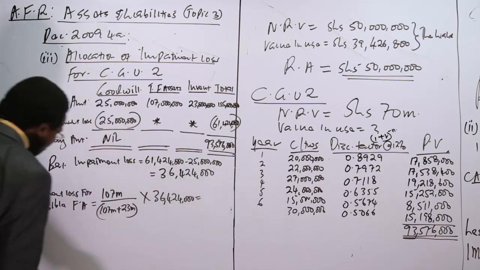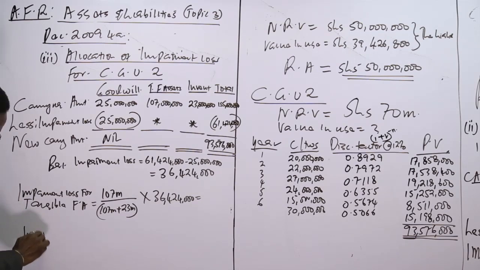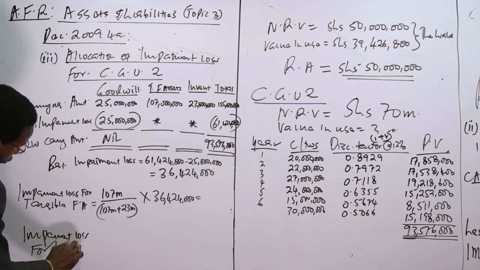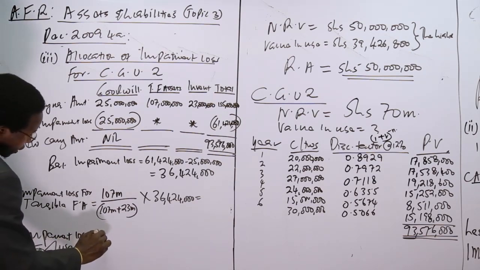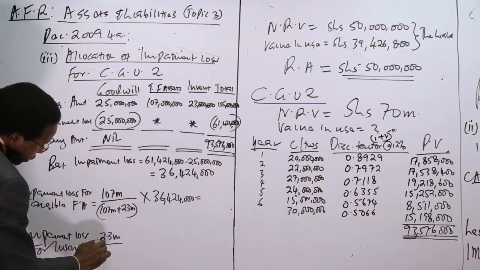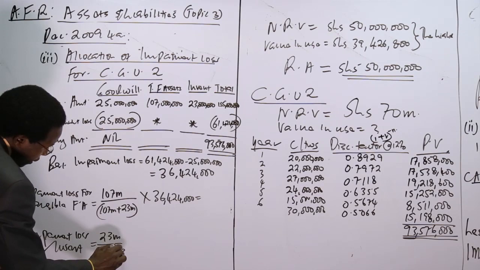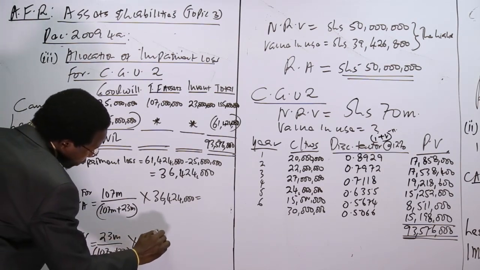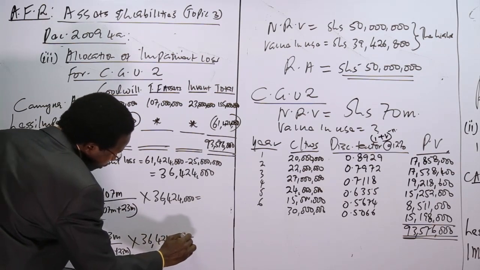Of course, the other you can get it as a difference, or you just compute it. Impairment loss for inventory will be the 23 million divided by the 107 million plus the 23 million, then multiply by that 36,424,000, and you get that.